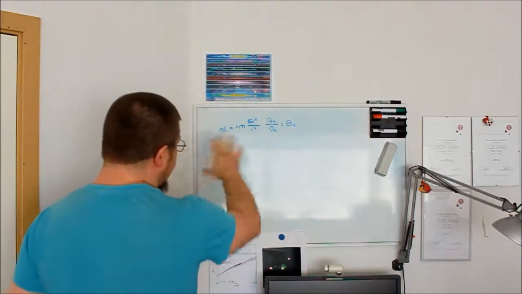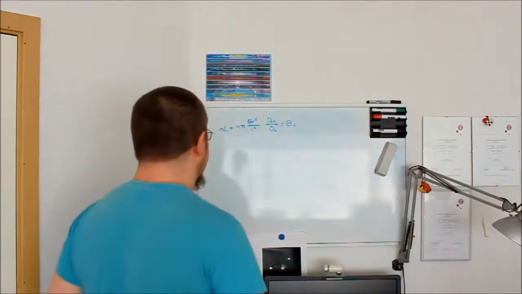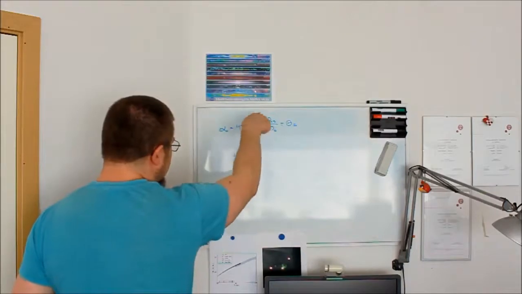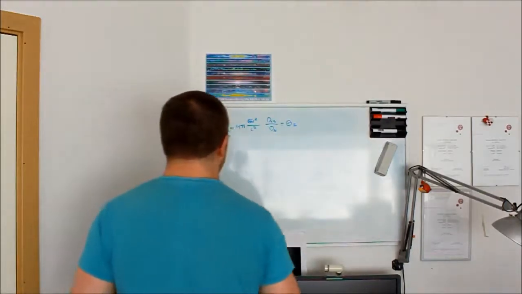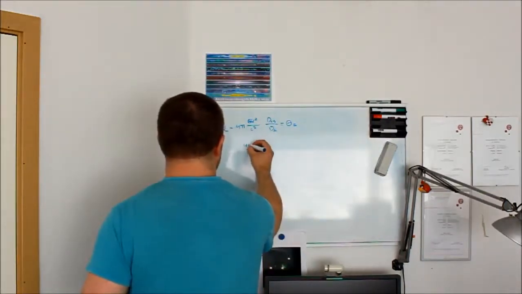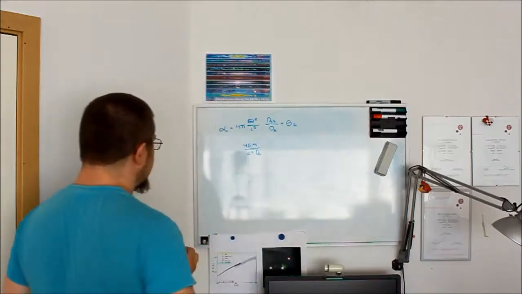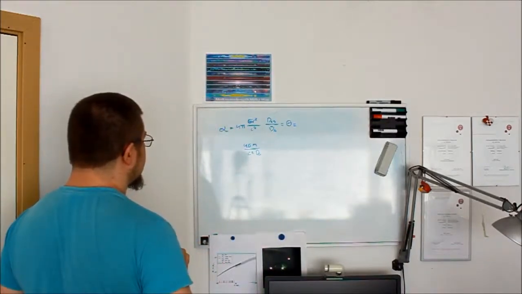But in this case here, you just have to trust me. It is so. But it's particularly this part here, you can redefine as 4GM over c squared dl, right?